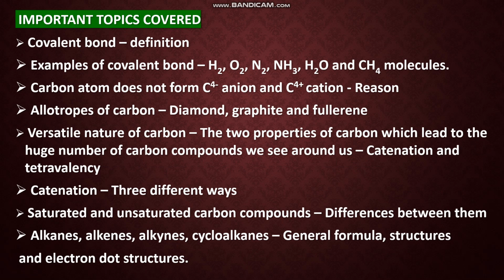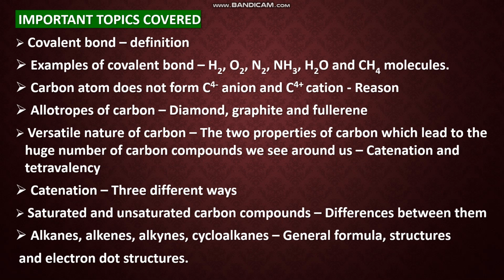Why is it not forming C4 plus cations? Because by removing electrons only cations are formed. To remove 4 electrons from a carbon atom, a large amount of energy is required, leaving 6 protons in the nucleus and only 2 electrons. If 4 electrons are removed from the carbon, there will be only 2 electrons.